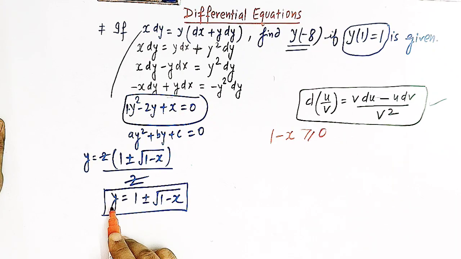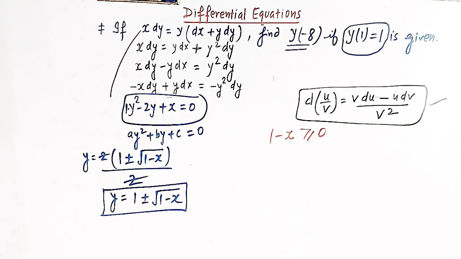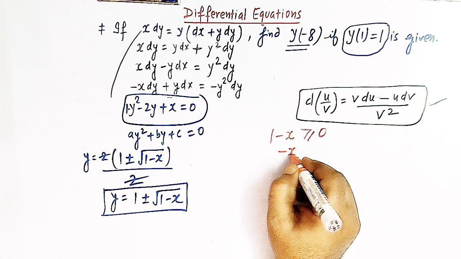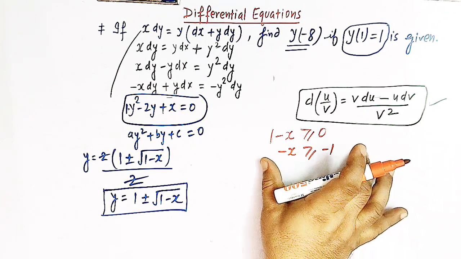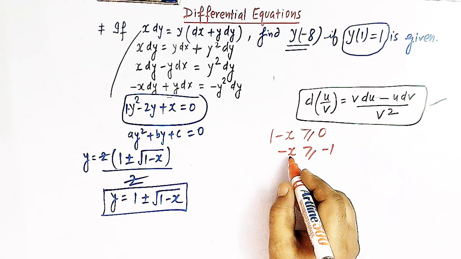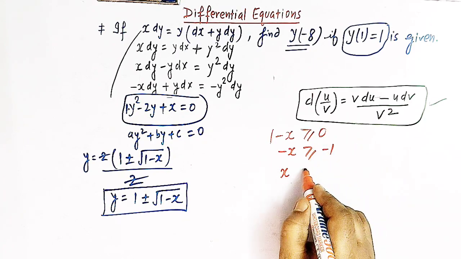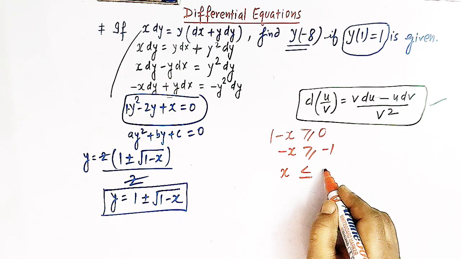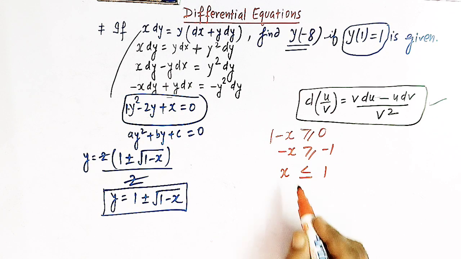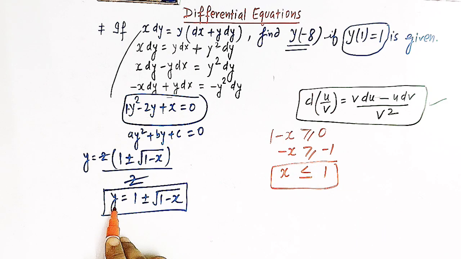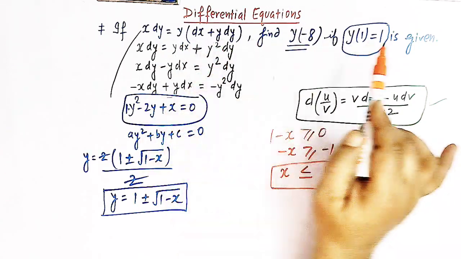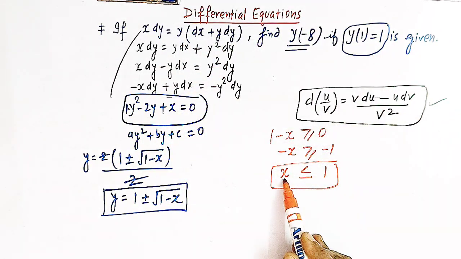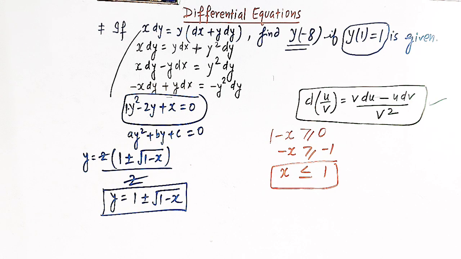So for y to be defined, 1 minus x should be greater than or equal to 0. So from here we can write minus x greater than or equal to minus 1. Multiplying both sides by minus 1, we have x, and here the direction of the inequality gets reversed, less than or equal to 1. So the domain of the function y, which satisfies this differential equation with this condition, is x less than or equal to 1.